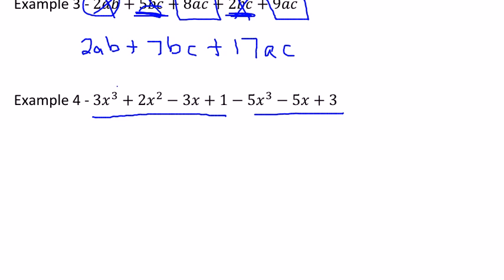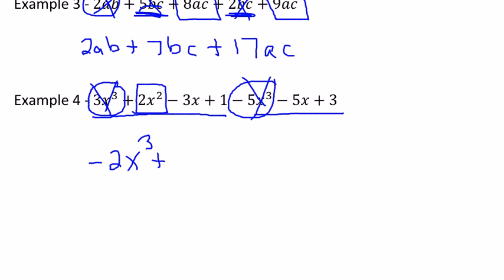So you start with the x cubed, and so you've got 3x cubed and a negative 5x cubed. And so 3x cubed minus 5x cubed is 3 minus 5, which would give you negative 2x cubed. Then you look for x squared terms. I only have the 2x squared, so I'm going to do plus 2x squared. I have no other x squareds.